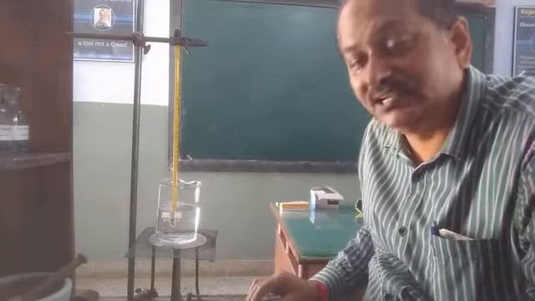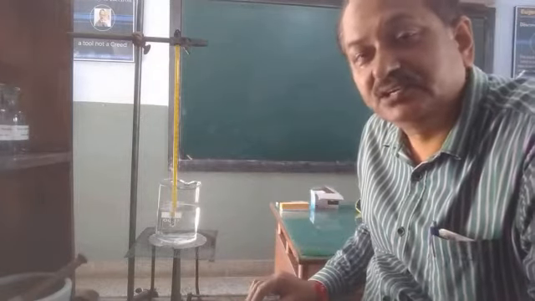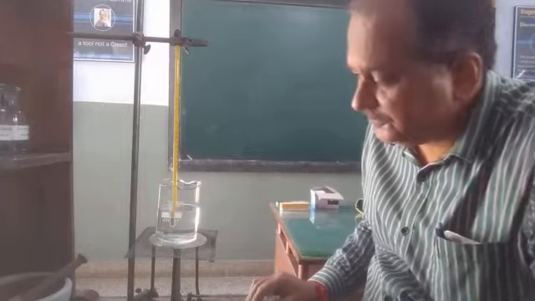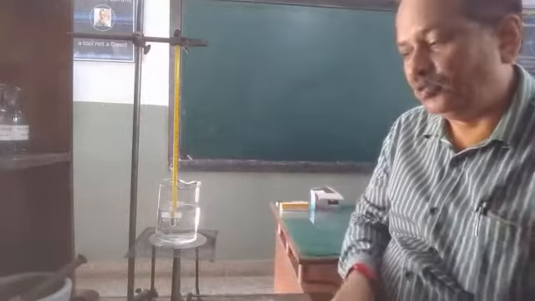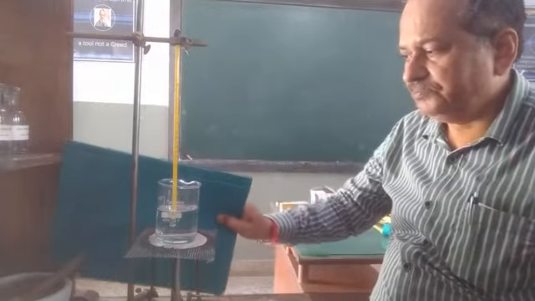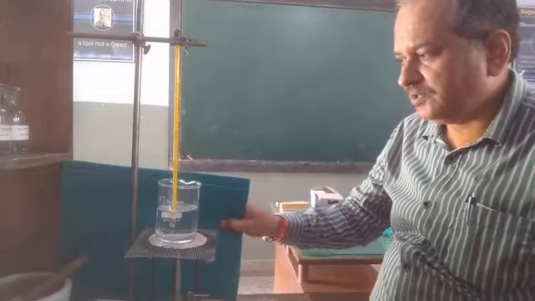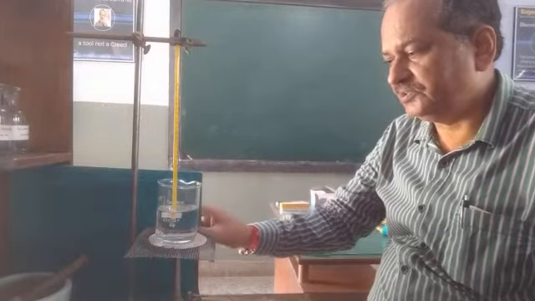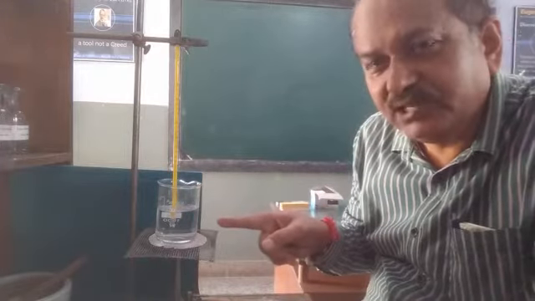So this indicates that 100 degrees Celsius is the boiling point of water. Water has just started boiling, and I am using this screen to prevent the air from coming out. See children, water started boiling.